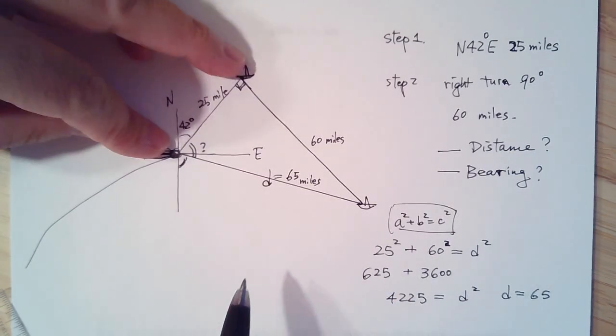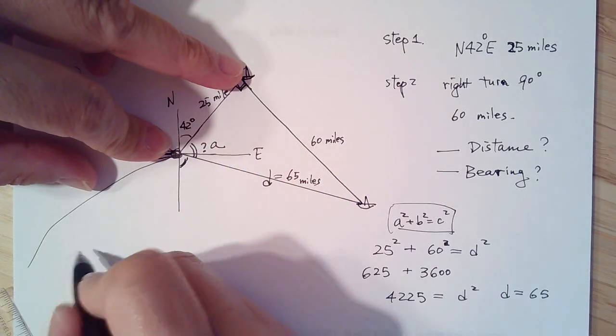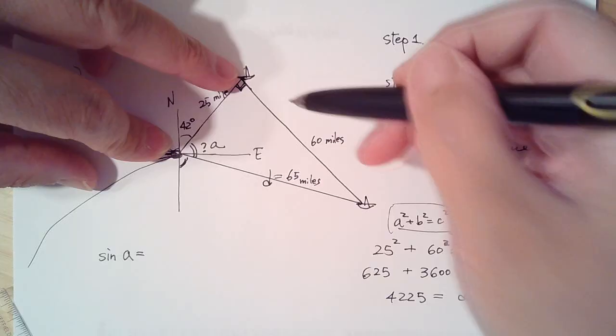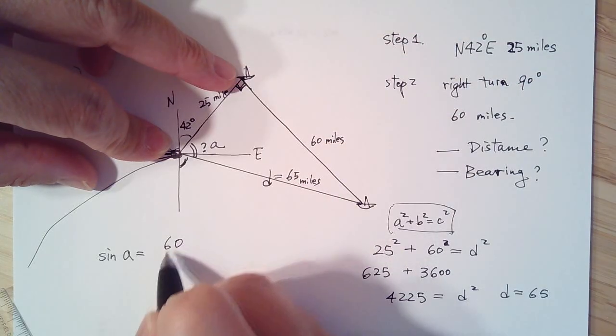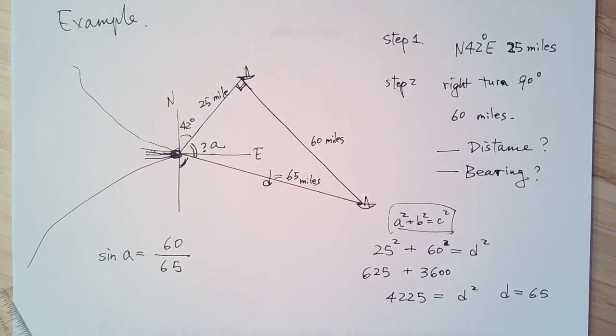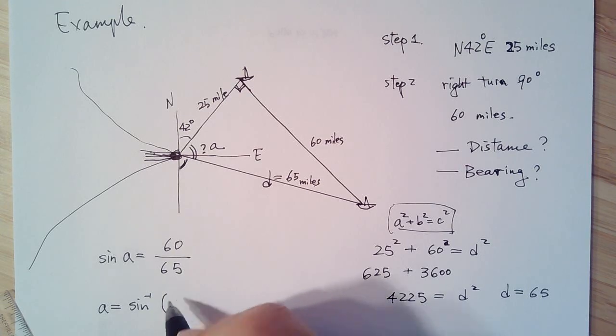For this triangle, if I assume this angle is A, then sine A is the opposite, 60, over the longest side, 65. Therefore, A will be sine inverse, or arc sine, of 60 over 65.